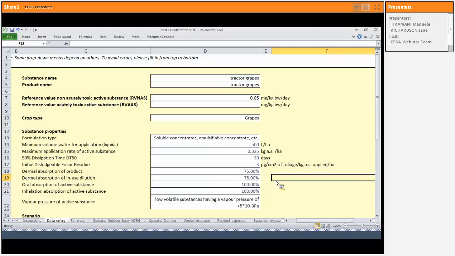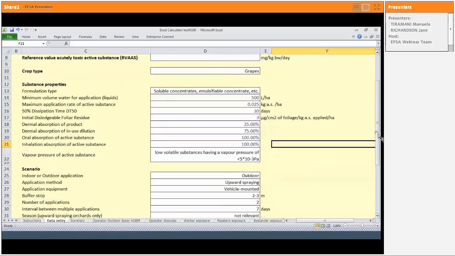So the values of 25 for the concentrate and 75 for the dilution are indicated. But these data are based on the revision of a huge number of experimental data showing that these are the maximum values if you don't have anything. The approach, as I said, is under revision, so the values might change, but for the time being, these are the official and agreed ones.